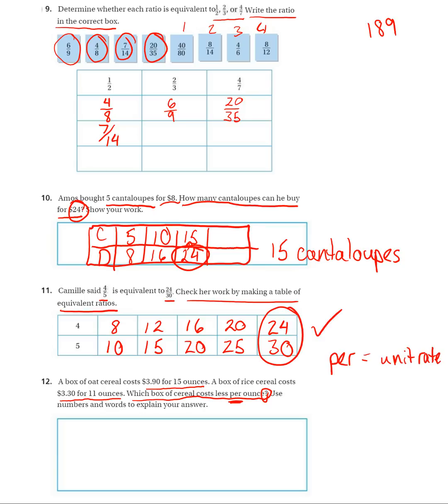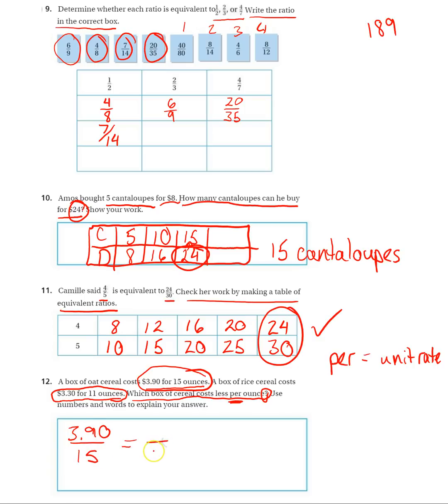Okay, so you have to take both of these ratios. This is a ratio, $3.90 to 15, and this is a ratio, $3.30 to 11. You have to take both of these and find unit rates for them. Okay, so let me show you. $3.90 to 15.